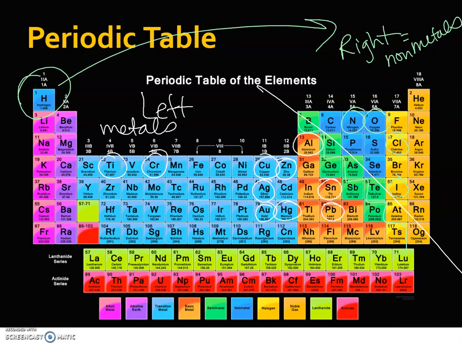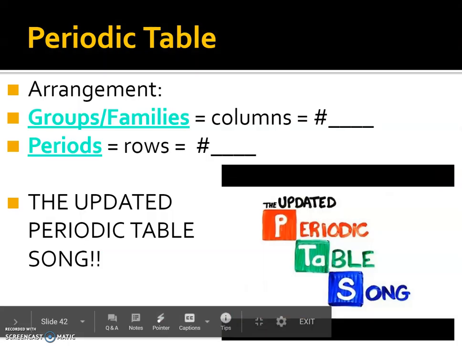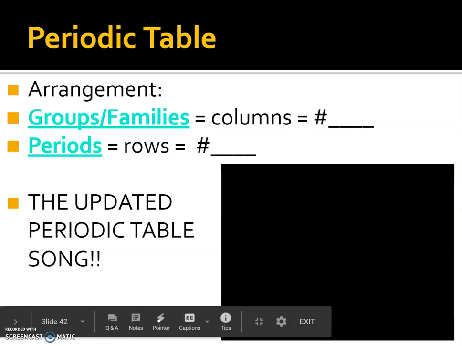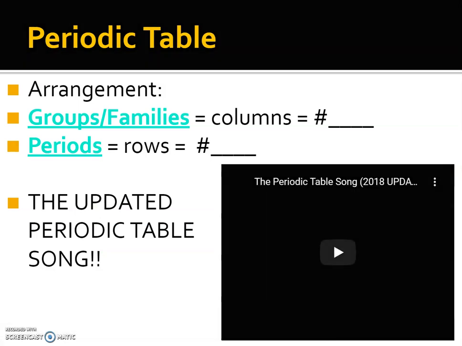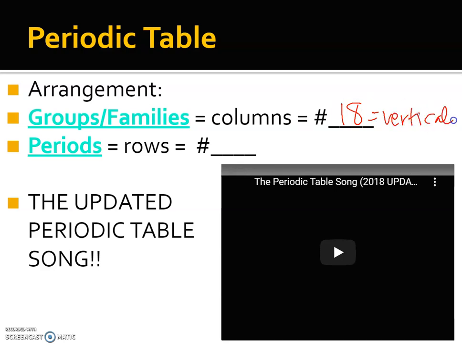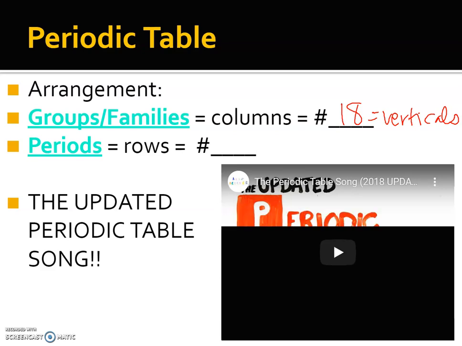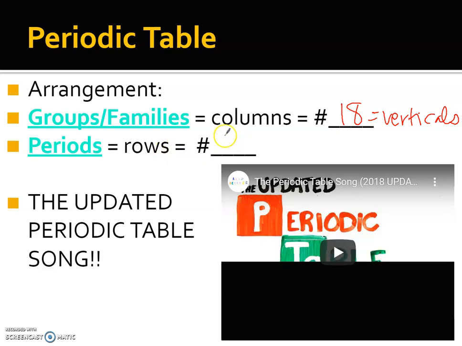And what you'll see is that our periodic table is broken up into 18 different columns. Those are our vertical columns and groups. There are families. And just like we have something in common with our families, the same thing is true for our elements. Okay? Our periods or rows, there are going to be 7 of them.